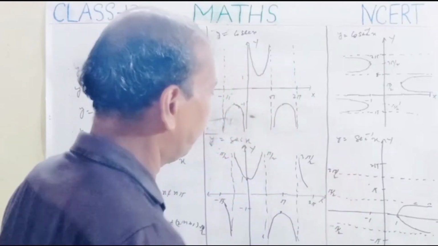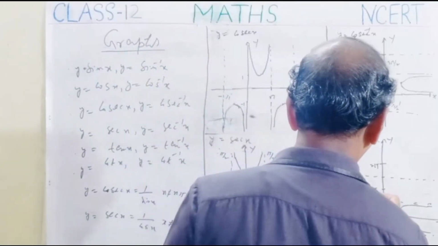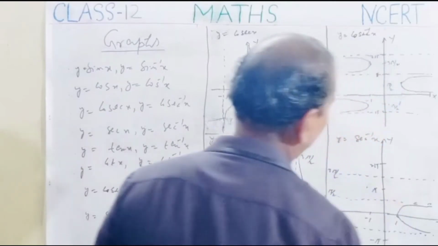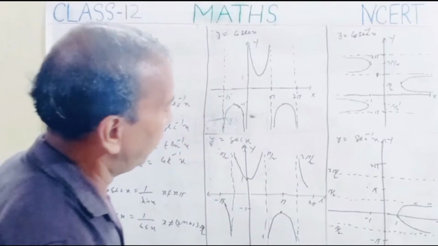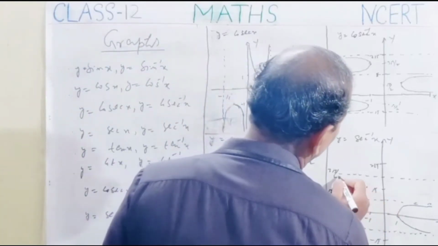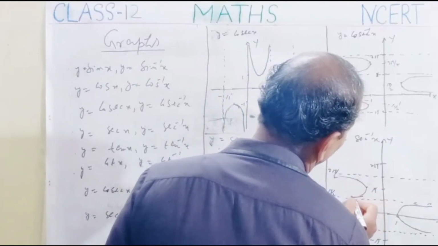So at the value pi, the value is minus 1, but it is not defined at pi by 2 and 3 pi by 2. So I will draw the graph like this.